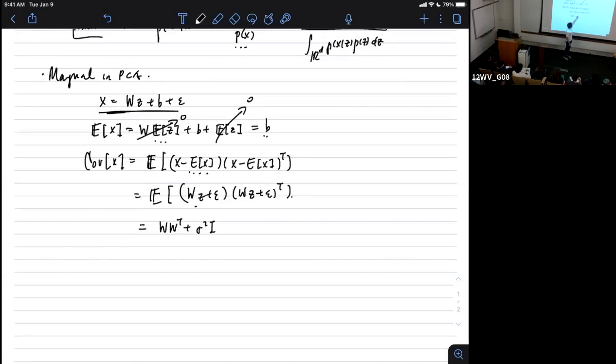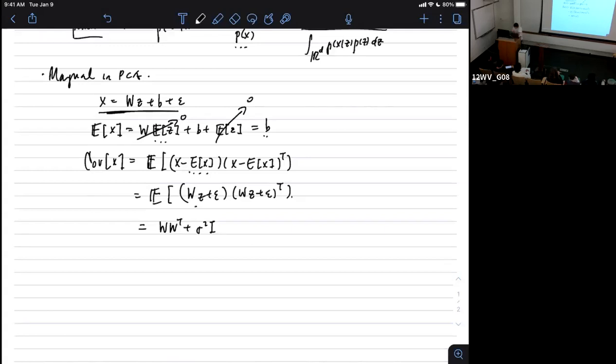And then we end up with epsilon times epsilon transpose, which is the covariance of epsilon, because the mean of epsilon is 0. And what was the covariance of epsilon? That is sigma squared times the identity. So the bias b, and W times W transpose plus sigma square identity, fully characterize this marginal distribution that is normal.